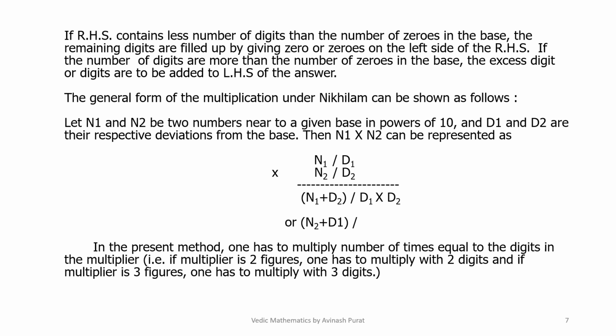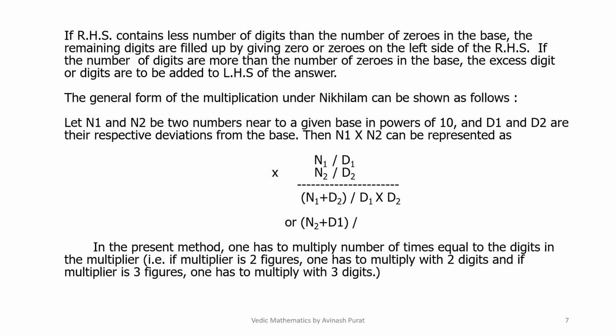The general form of the multiplication under Nikhilam can be shown as follows. Let n1 and n2 be two numbers near to a given base in powers of 10, and d1 and d2 their respective deviations from the base.